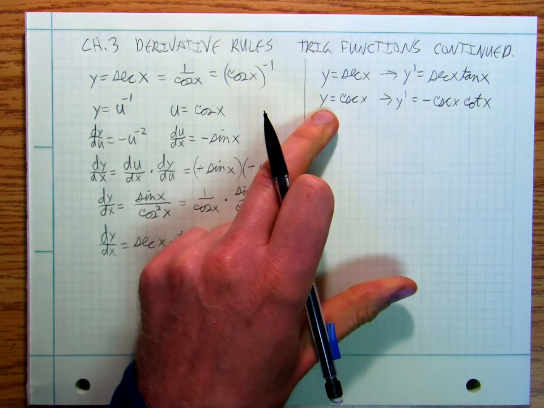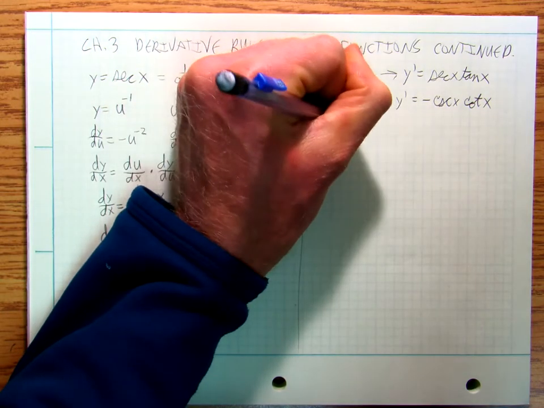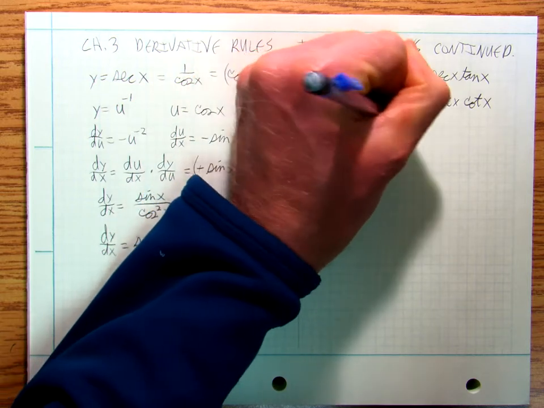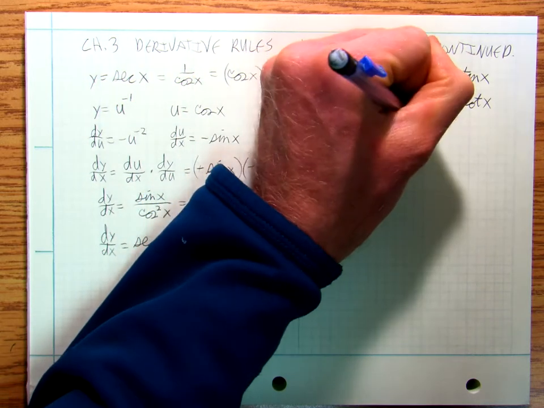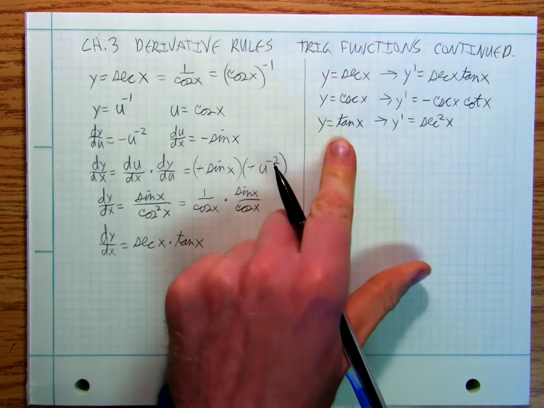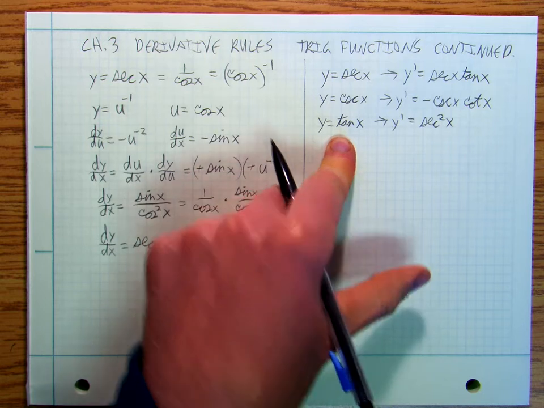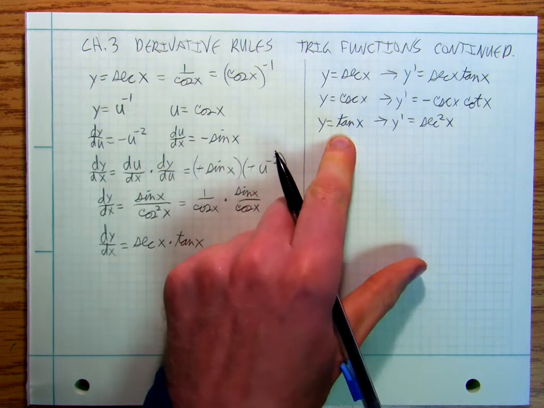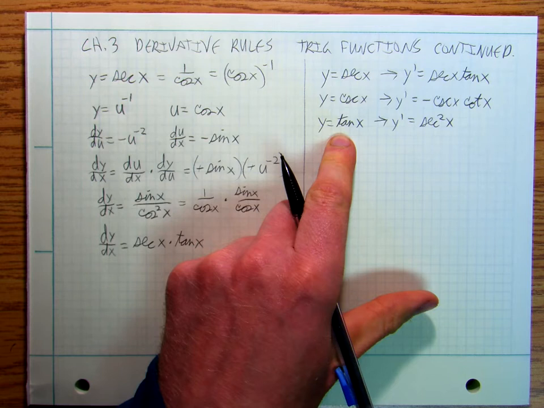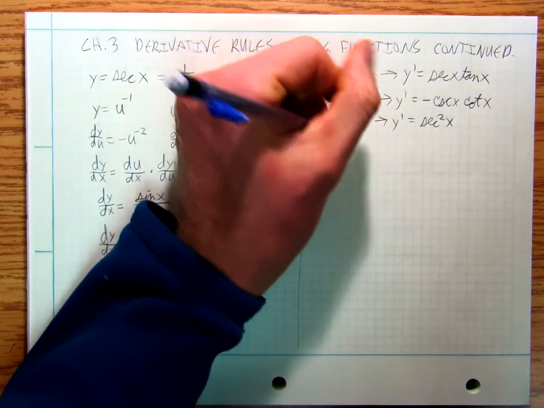I'll let you prove that one on your own. y equals tangent x, y prime equals secant squared x. That's a really important one using quotient rule, or product rule, but we haven't done quotient rule or product rule yet, so we'll come back to do that one at some point in time.